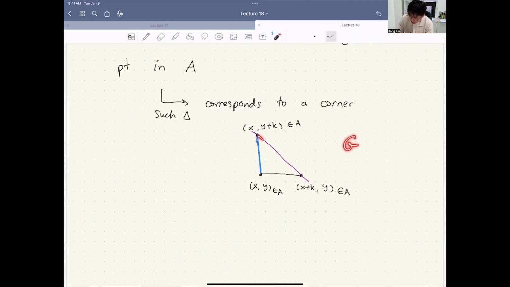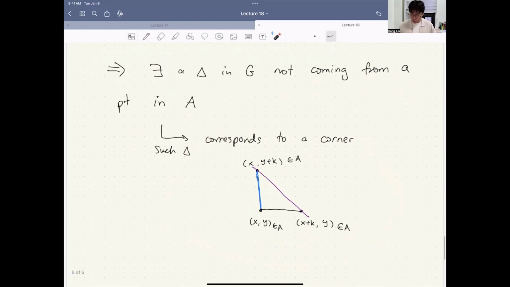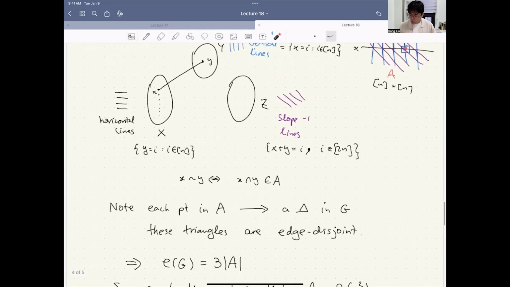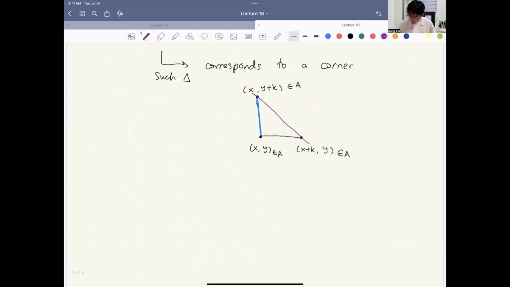So in G, this is adjacent to this because this point is in A. This is adjacent to this because this point is in A. This, this point is in A. So the only triangle that's not corresponding to a single point in A has to look like this, if you think a little bit. That will conclude the proof. We get that A is not corner-free, contrapositive. Contradiction. Good.